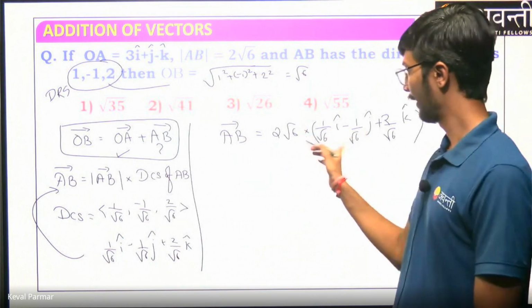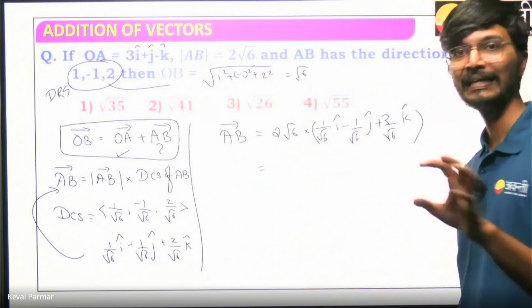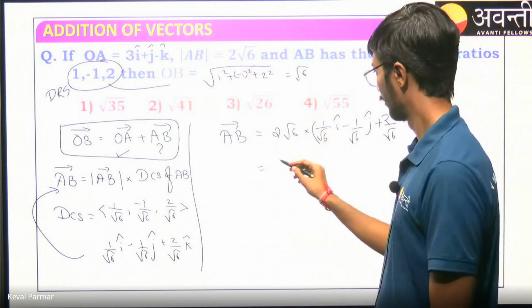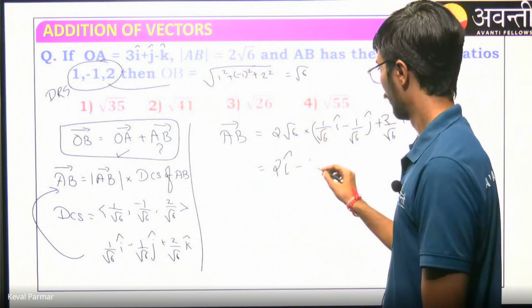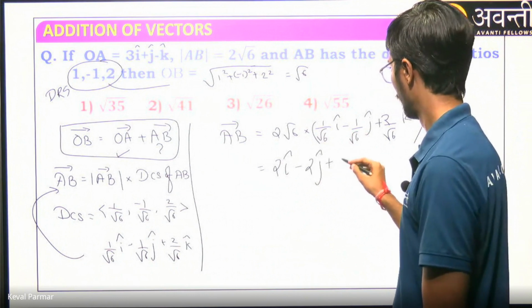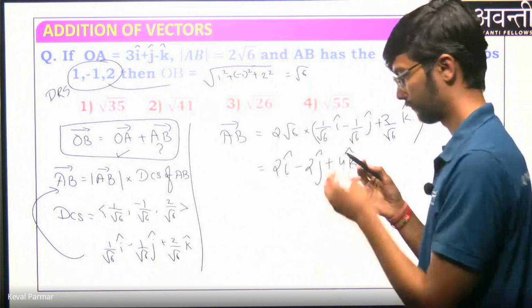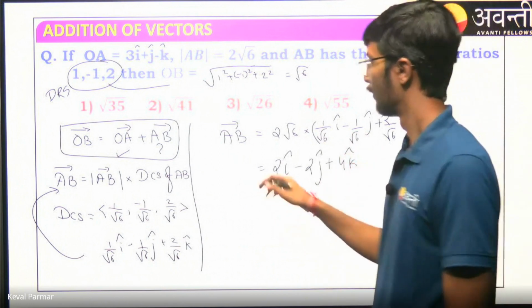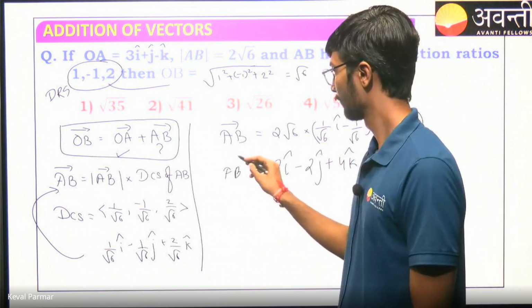Now if I multiply, I think root 6 will get cancelled. So I'll be left with 2 i cap minus 2 j cap plus 4 k cap. So we got the AB vector.